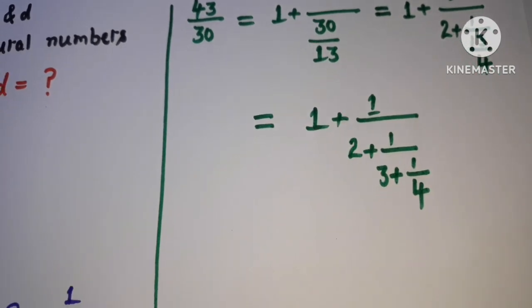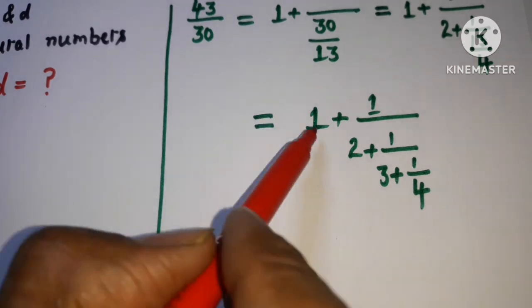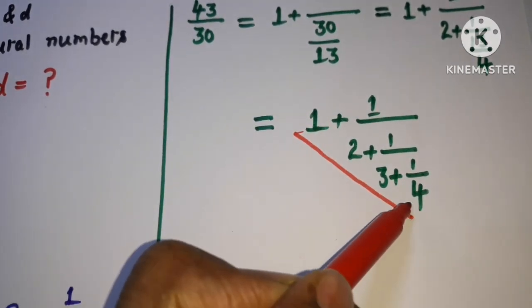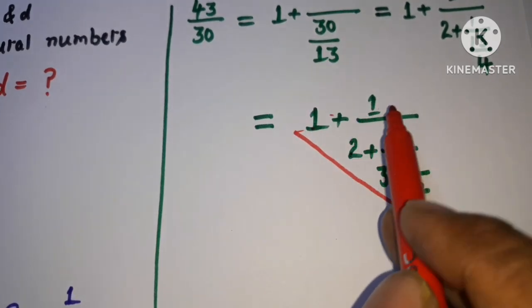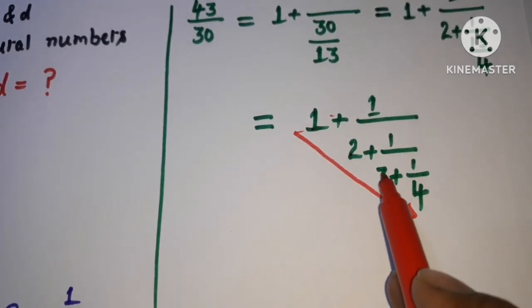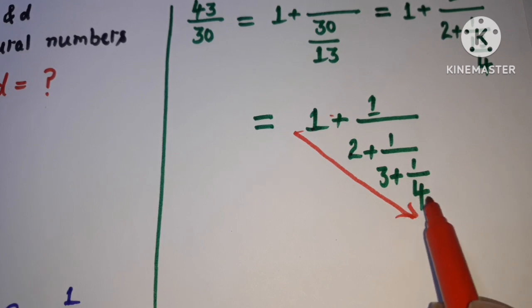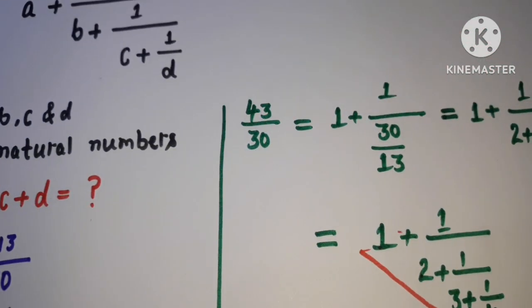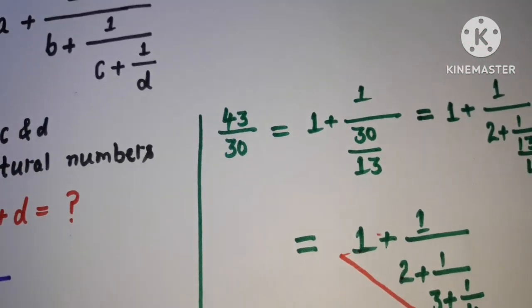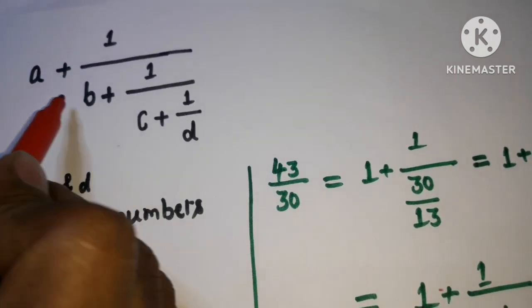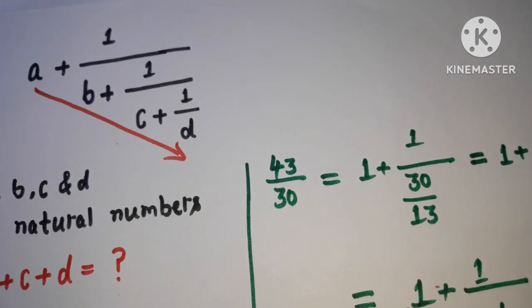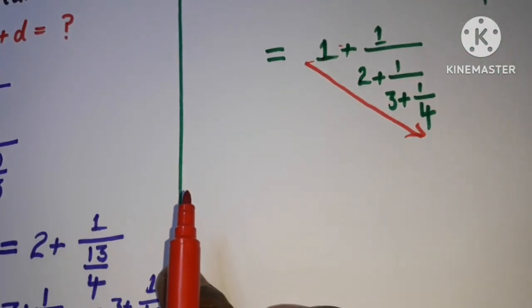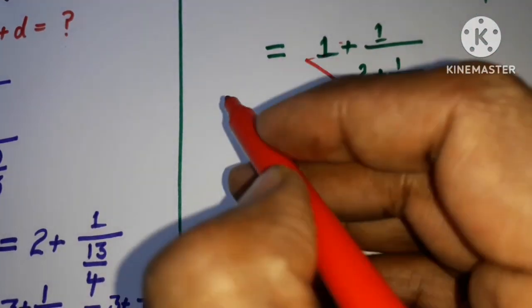Here we have all the values: a plus something, then b plus something, then c plus something, and on the last we have d. So we can compare, and we have the values for a, b, c and d respectively.